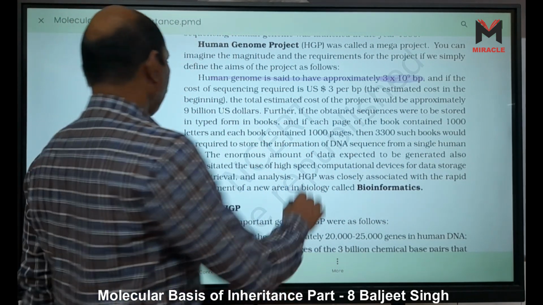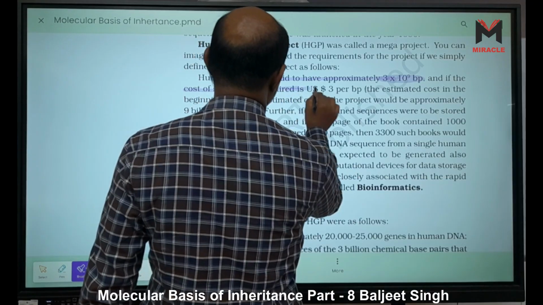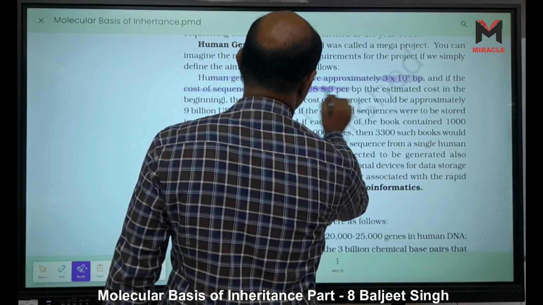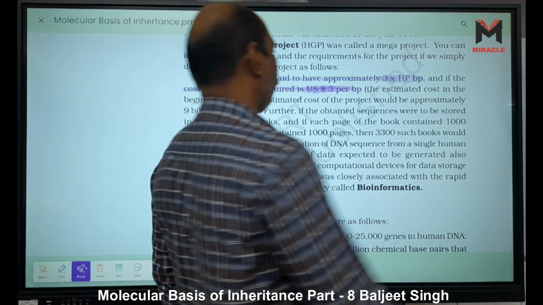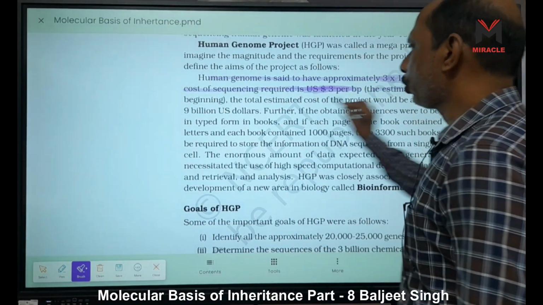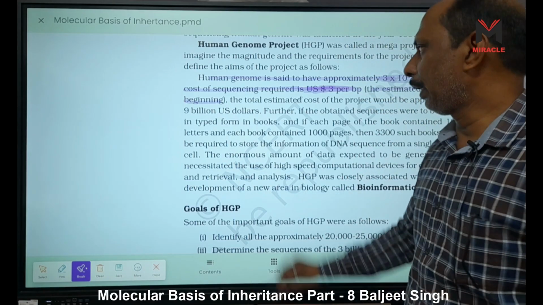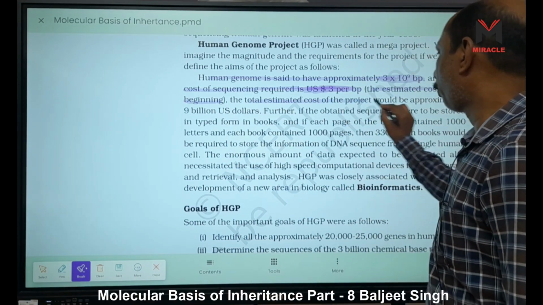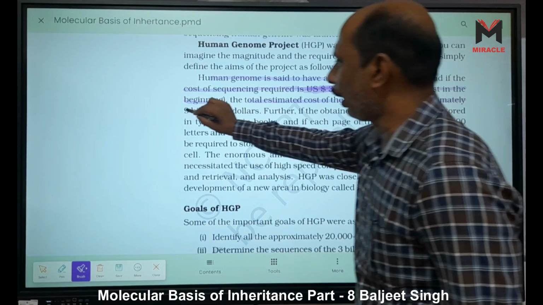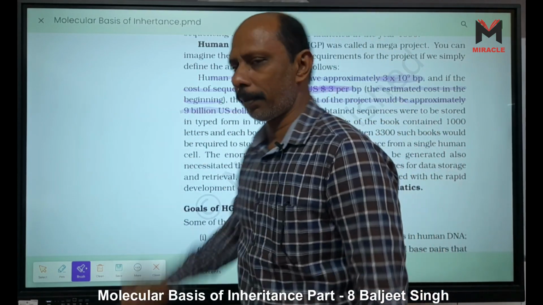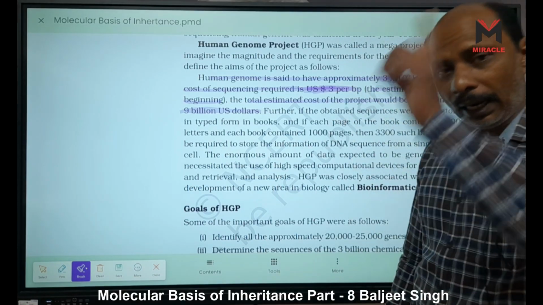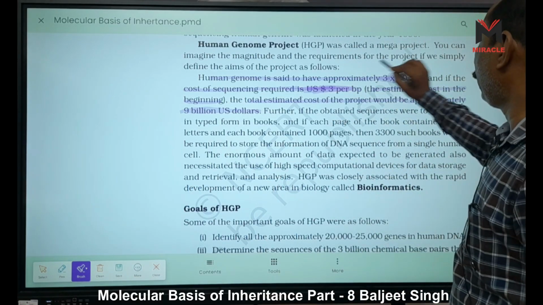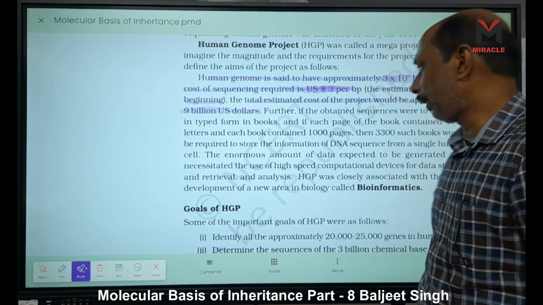If the cost of sequencing is US $3 per base pair, the total estimated cost of the project at that time, in 1990, would be approximately $9 billion US dollars.